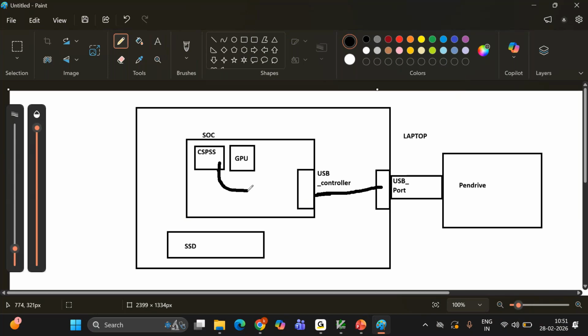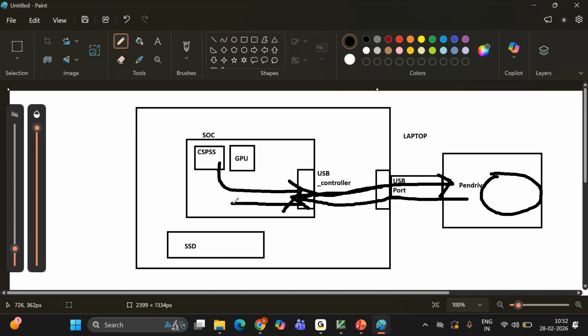The CPU issues a read command to the USB controller, saying read the pen drive data, that is the movie data. The command goes to the pen drive, and the pen drive sends the movie data to the USB controller.